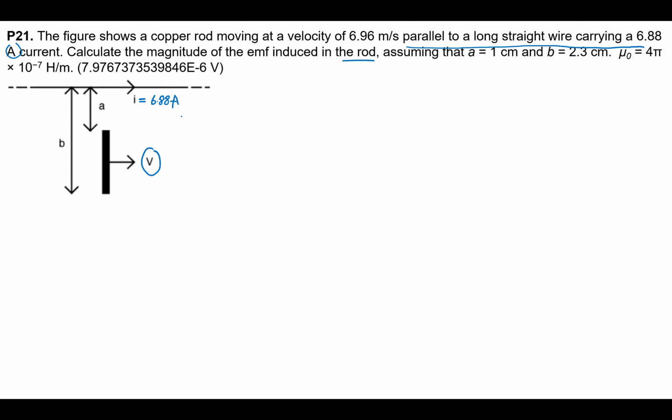The first thing is that if you have a current carrying wire, that means you have a magnetic field. That's the first thing we need to know. So instead of a uniform magnetic field, now we have a magnetic field that is changing as a function of the radial distance from the wire to here. That's the key thing.